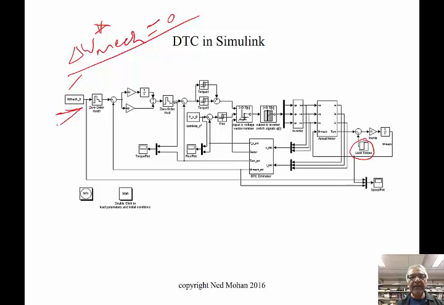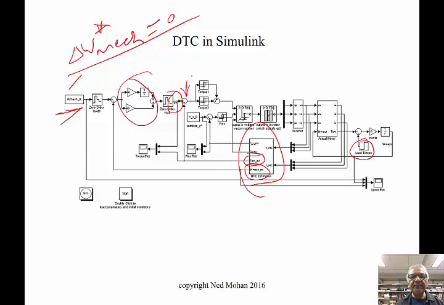And so here we can see that all this information that I mentioned to you earlier goes into this estimator block over here, and from here we estimate the mechanical speed, and that is compared with the reference speed, and using this PI controller we compute the electromagnetic torque reference here, and that is compared with the electromagnetic torque estimated in this block over here.